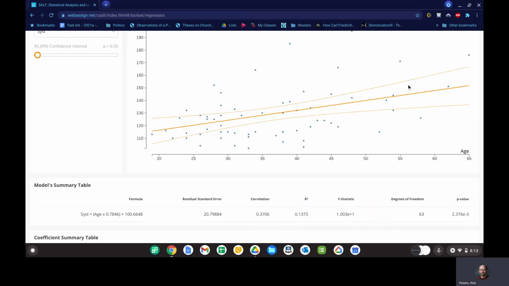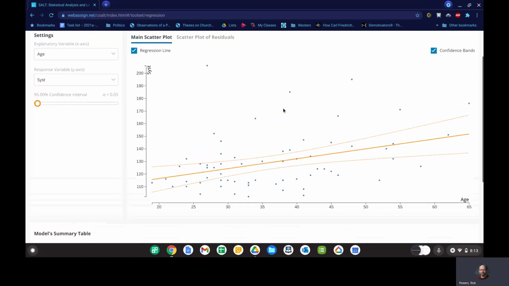SALT gives us dotted lines here on the graph to show us confidence bands. And you can either see them or not. So the dotted lines are for the confidence interval of the yellow line, which represents the mean. So the yellow line is representing the sample mean, really. And then the confidence bands are saying this would be where the population mean is.